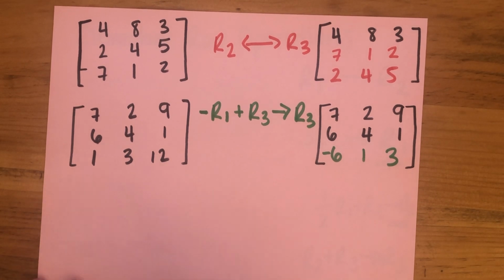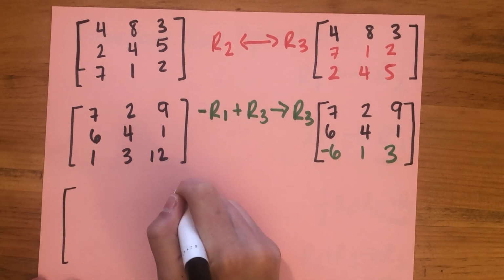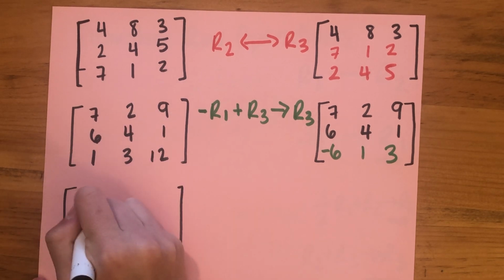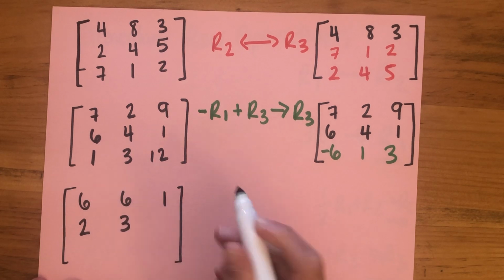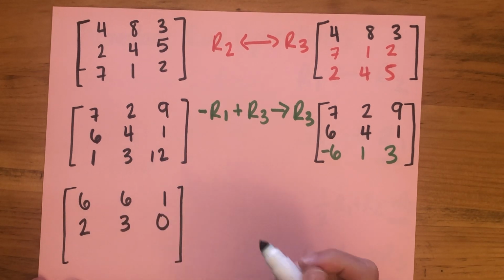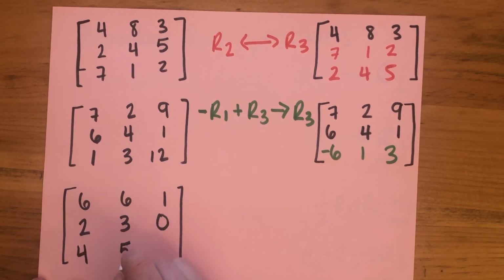And then one final example. Start with 6, 6, 1, 2, 3, 0, 4, 5, 9.